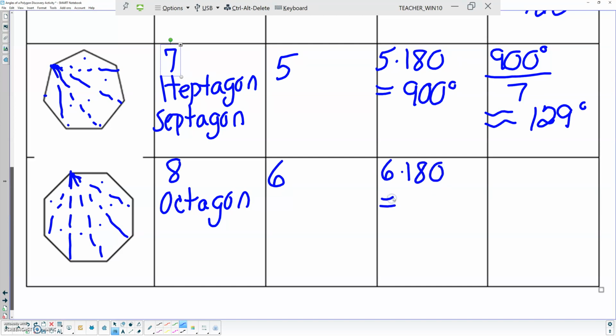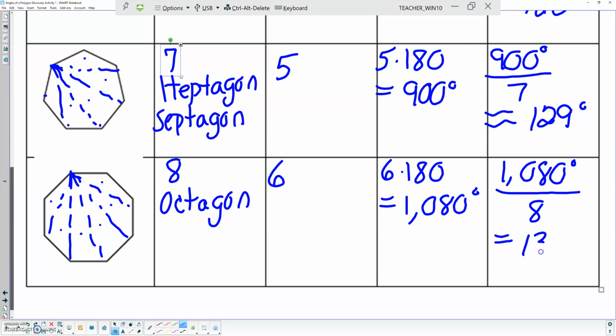So 6 times 180 is 1,080 degrees. All the angles in an octagon add up to 1,080. If I take that number and divide it by the number of angles, which there's 8 of them, every angle measures 135 degrees. Hopefully by filling out the table, you do recognize a pattern.